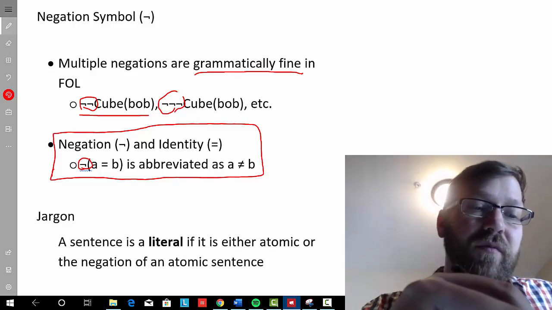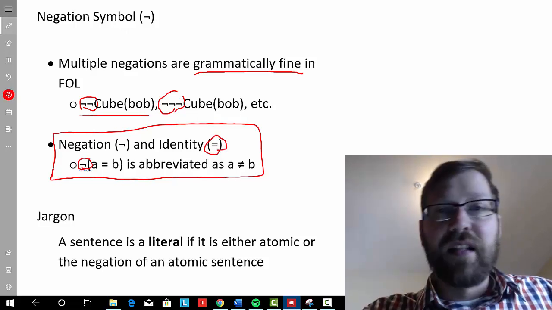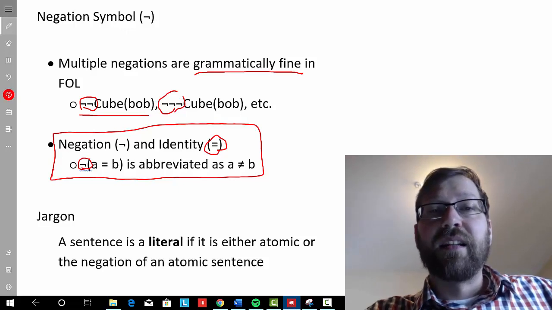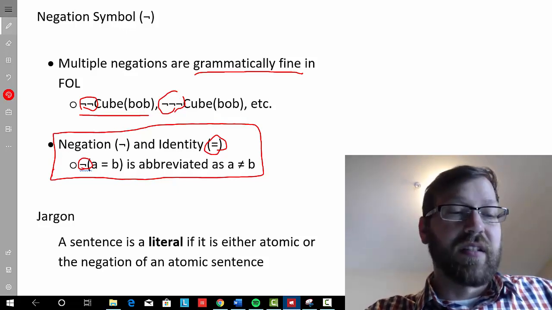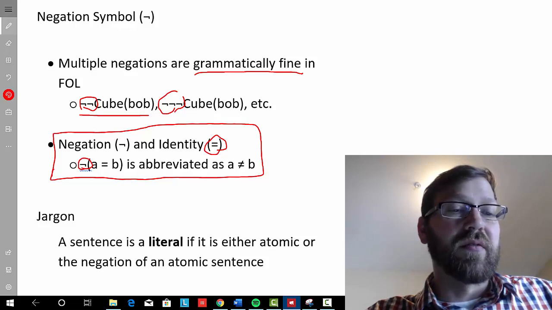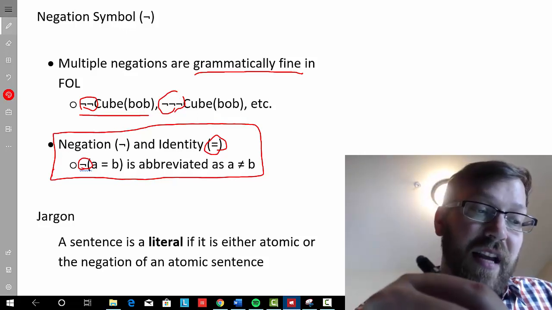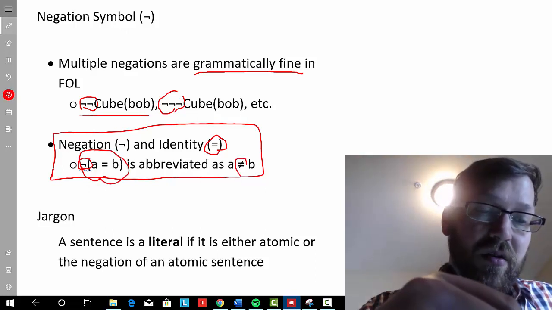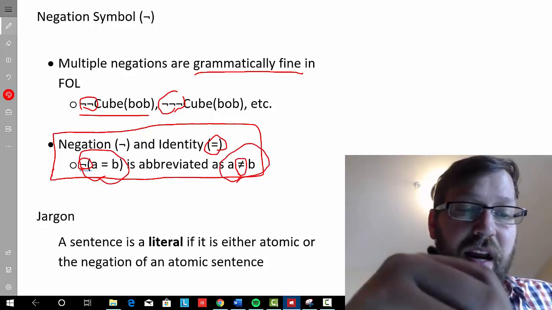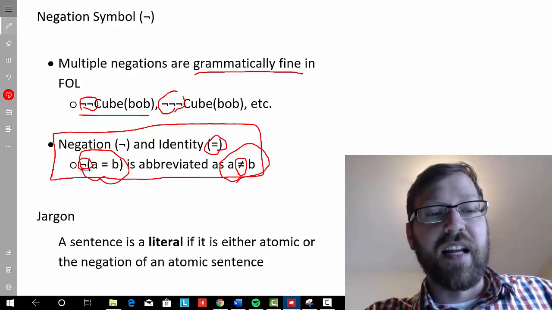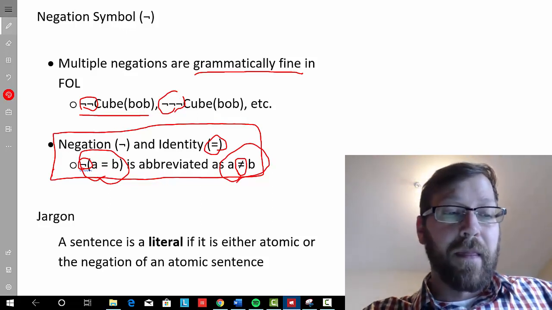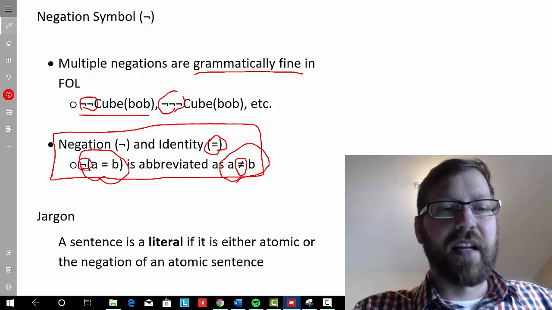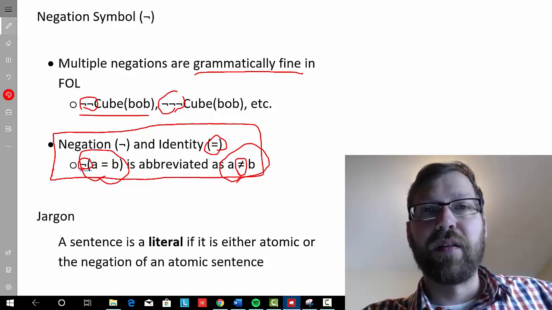As a matter of convention, when we're dealing with a sentence that is employing the identity symbol, when we want to say that something is not identical to something else, or it's not the case that A is identical to B, for instance, instead of writing it this way, it's typically written this way, employing the identity sign with a slash through it. So just keep that in mind when you come across that. That just means it's not the case that A is identical to B.